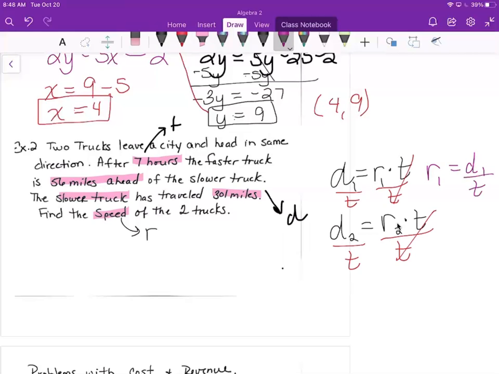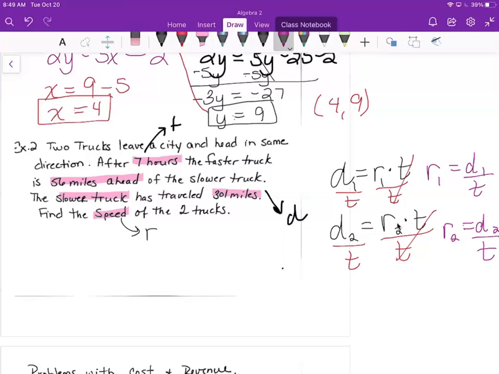Our second equation is rate 2 equals distance 2 over time. So again, you can solve for the rate first and then plug your numbers in, or if that confuses you, you can plug your numbers in first and then solve for your rates.